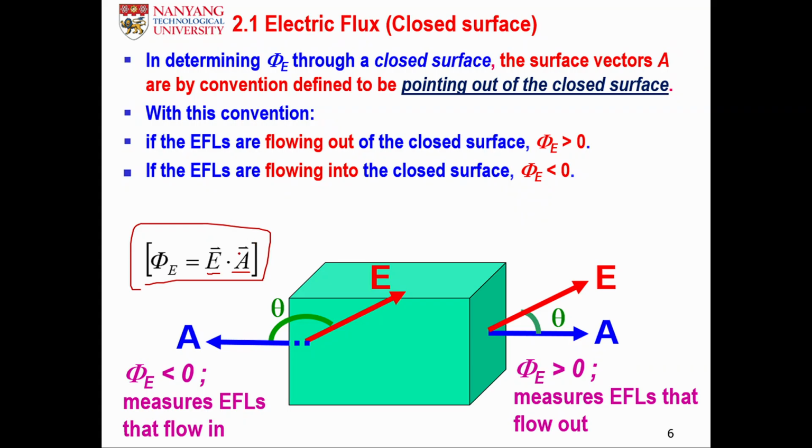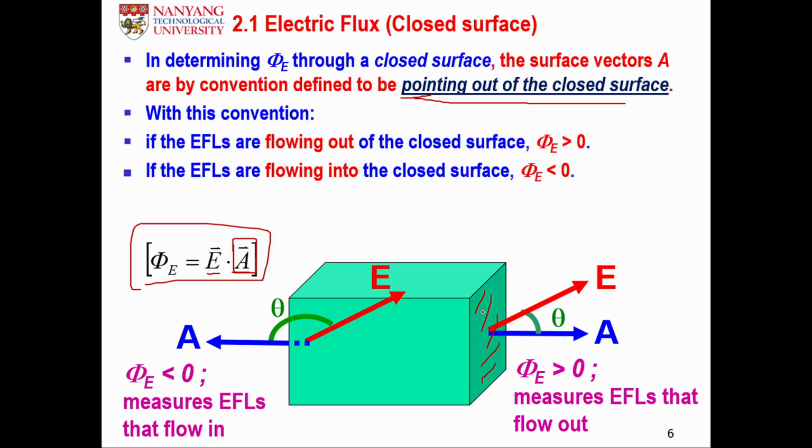But now, for the direction of this vector A, there's only one way to define it. It must be along the surface normal and at the same time pointing out of the surface, pointing away from the surface. Let's say we are looking at this surface, which is part of a closed surface.